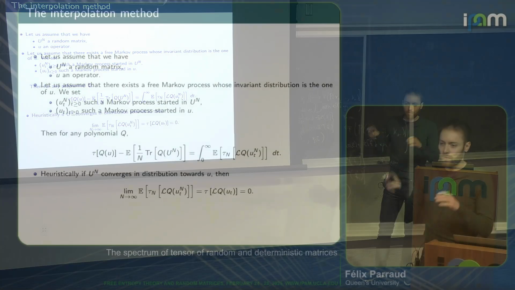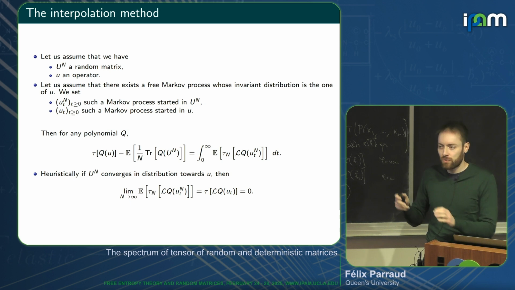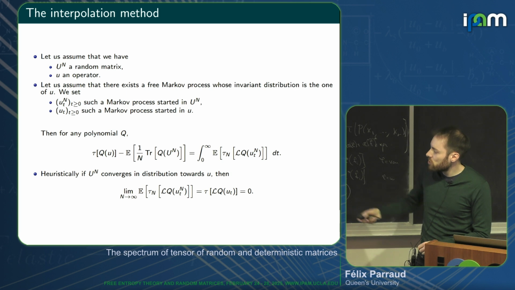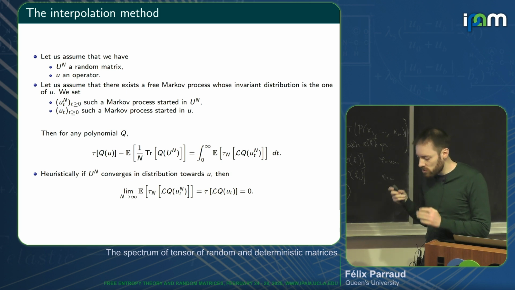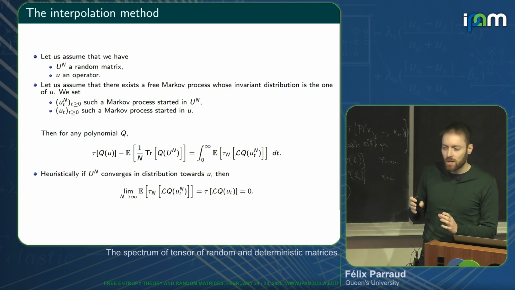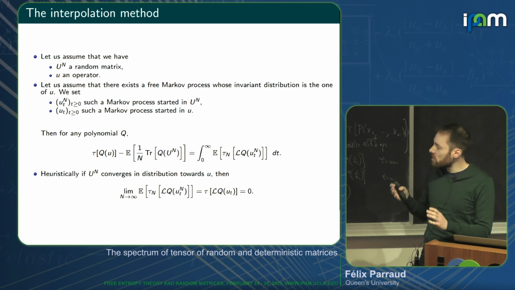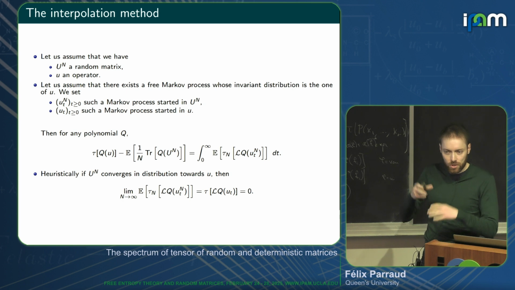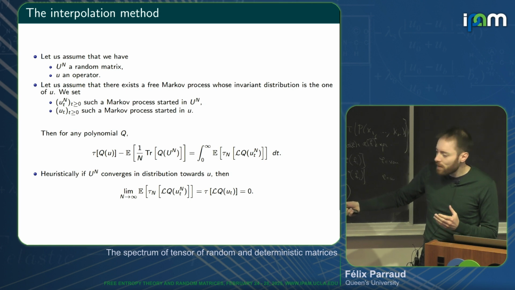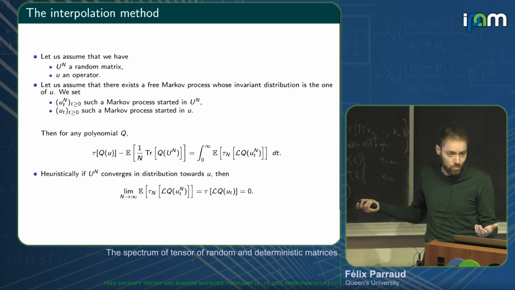If you remember from a previous slide, if you start from the invariant distribution, then the term in the integral is just going to be 0. Here we don't start from the invariant distribution, but from a random matrix which is converging in distribution towards your operator in some sense. So the distribution of UN is already close to U, and this thing here should be close to that one, which is just 0.